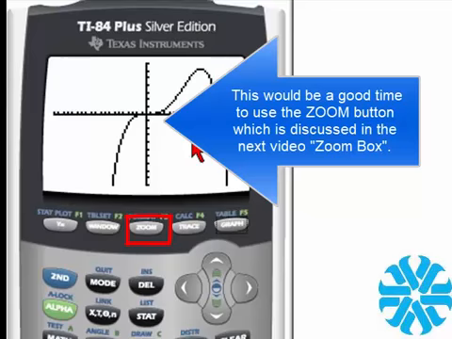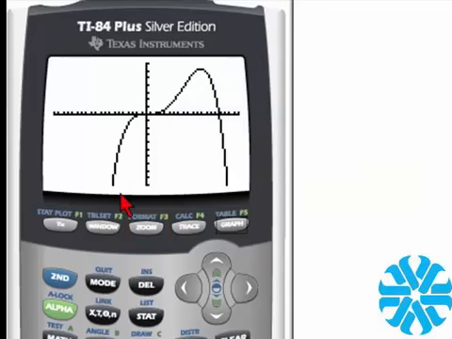So this looks like a pretty good viewing window. We can see the x-intercept somewhere around here, and then a maximum, and then the x-intercept again, and there is some y-intercept around here. Now this is a little cramped here, so we could adjust this window a little bit better.